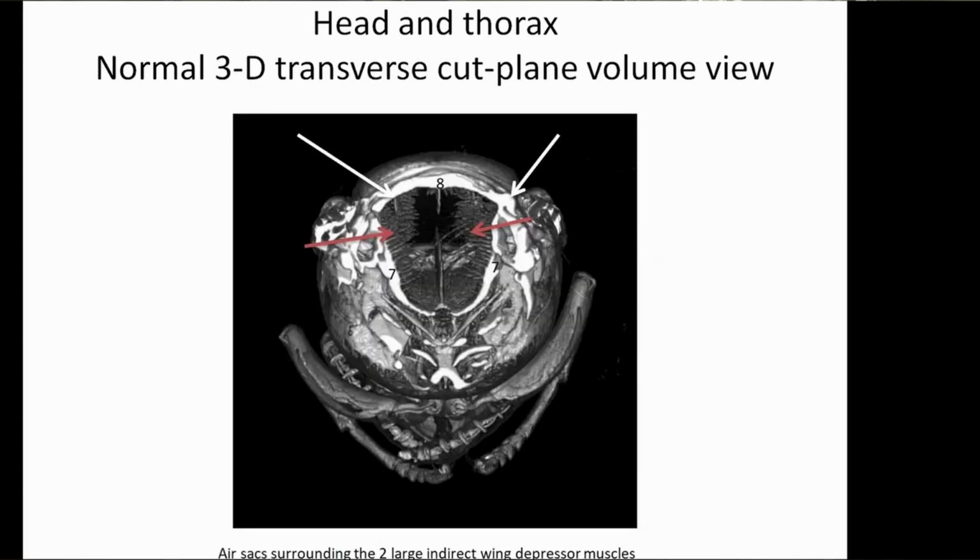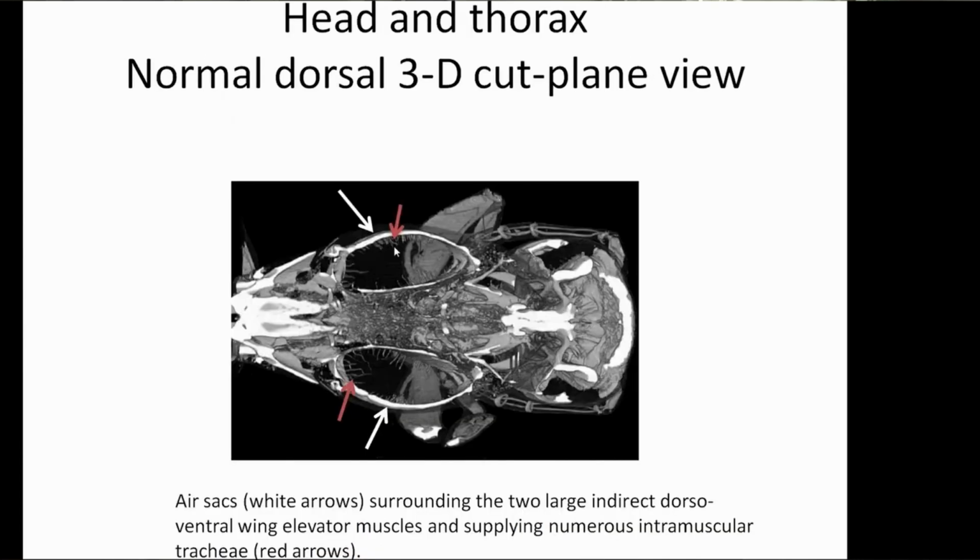So here's a normal with nice air sacs around the muscles, the indirect flight muscles, and similar ones around the other indirect flight muscles. These were much less prominent in our abnormal wasp.